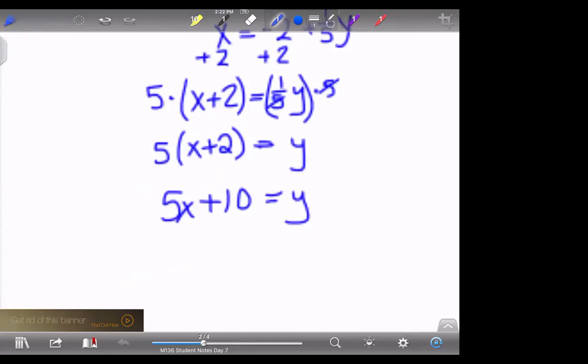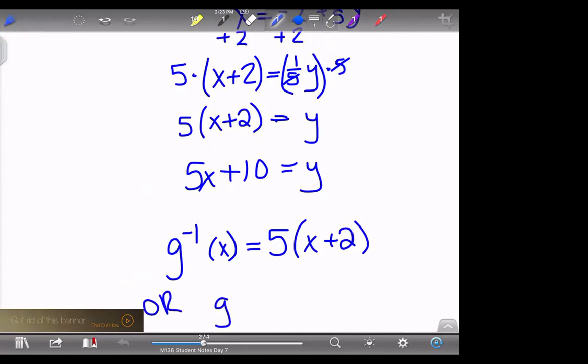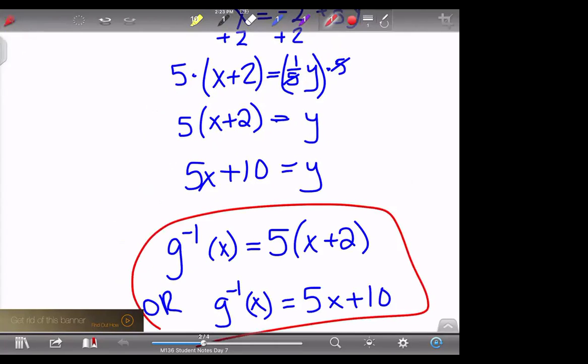And then either one of those answers, you're going to take y back out and replace it with g inverse of x. So either one of those answers would be acceptable. You do not need to have them both. Just one is good, whichever way you prefer.